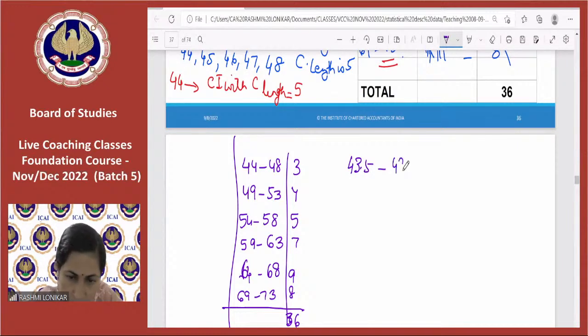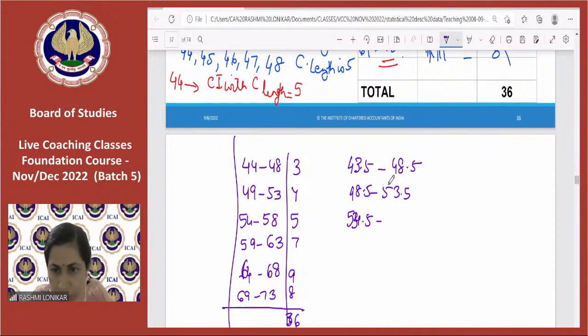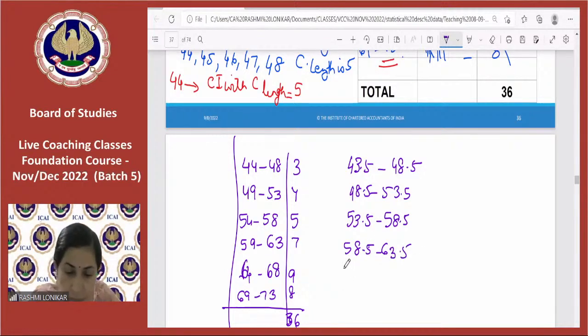43.5 to 48.5, 48.5 to 53.5, 53.5 to 58.5, 58.5 to 63.5, 63.5 to 68.5, 68.5 to 73.5.